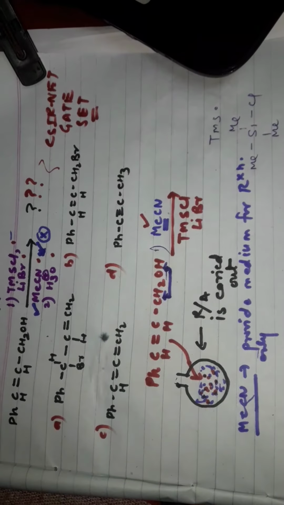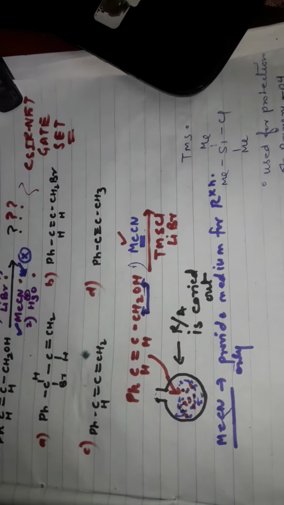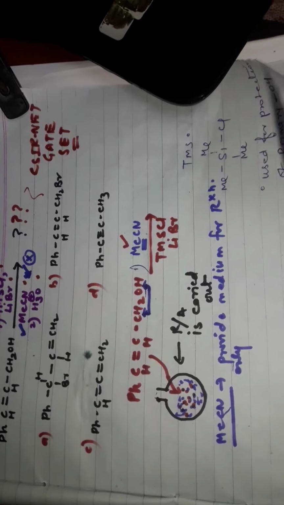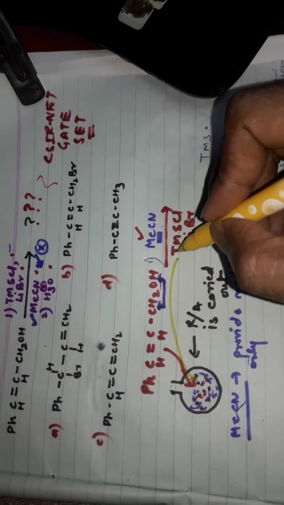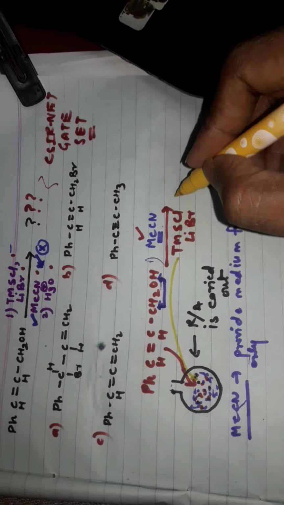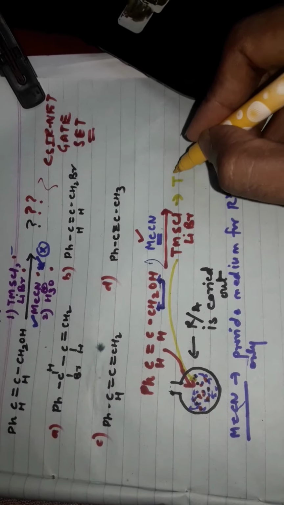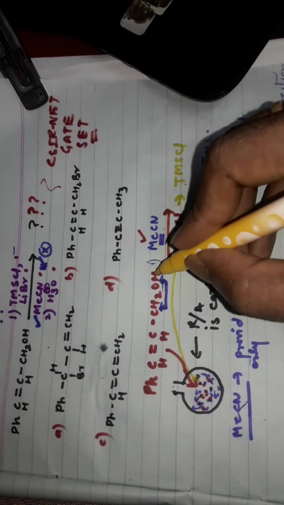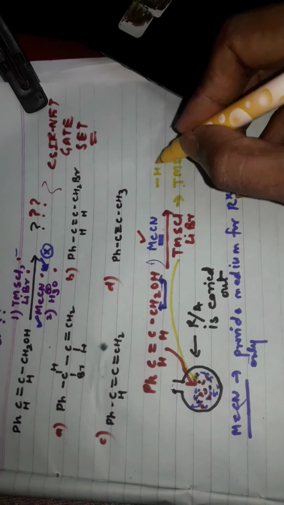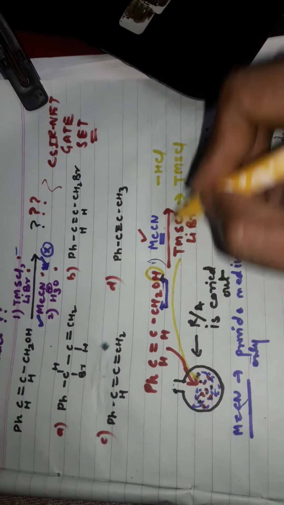Suppose we mention it in a different color, yellow, TMS chloride. When added to this, HCl is formed, this one and this one.